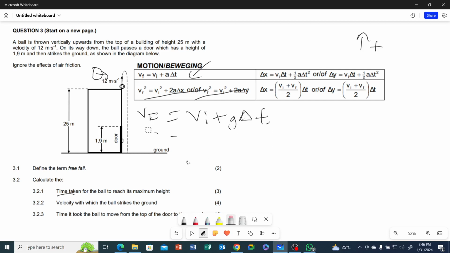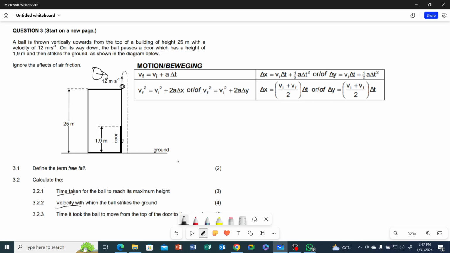Now, question 3.2.2. You can pause the video and try to solve it. All right, on question 3.2.2, you are required to calculate the velocity with which the ball strikes the ground.